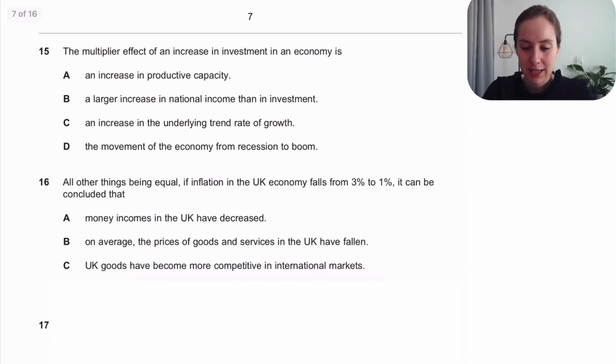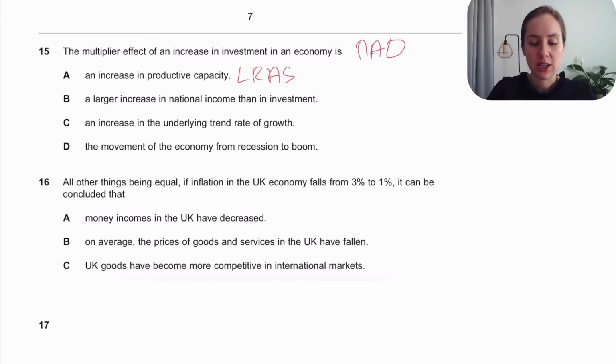Multiplier effect of an increase in an investment in an economy is... What is this talking about? Increase in productive capacity. This is talking about, does it shift the long run AS? No, the multiplier operates by increasing AD by more than the initial injection, so I don't like that one.